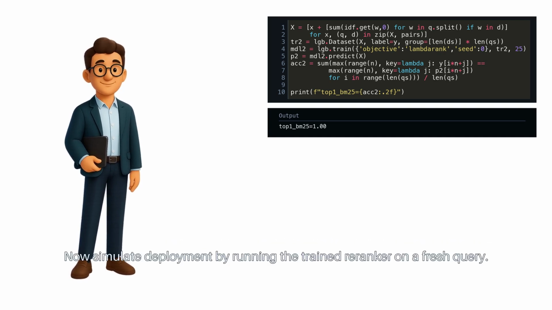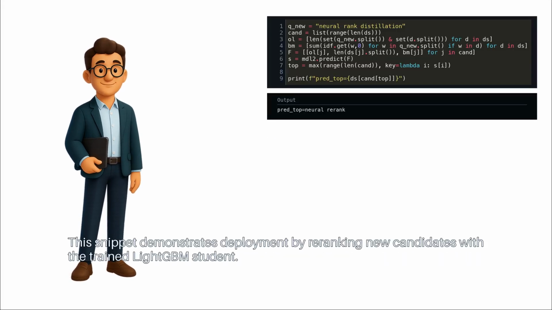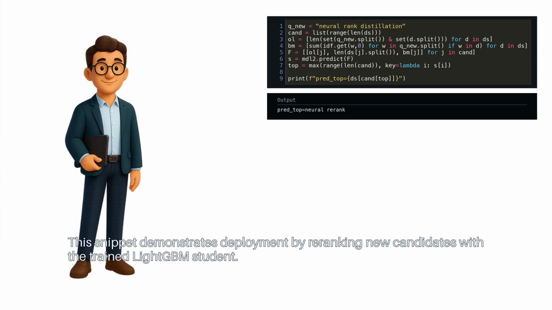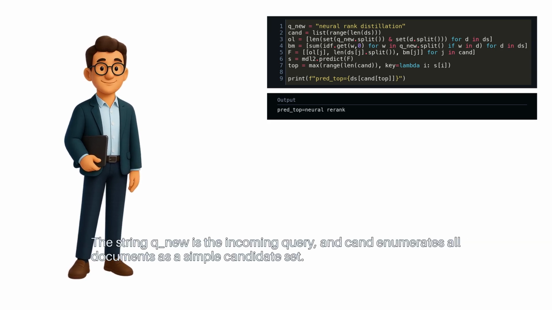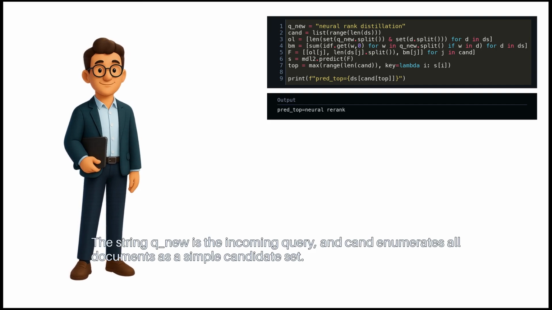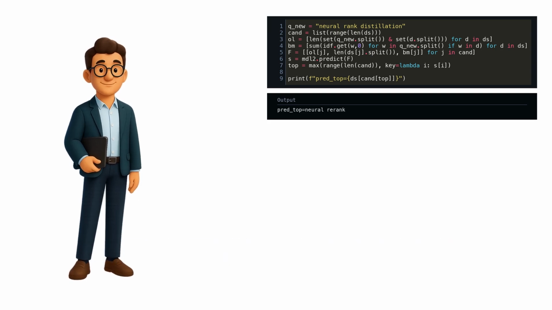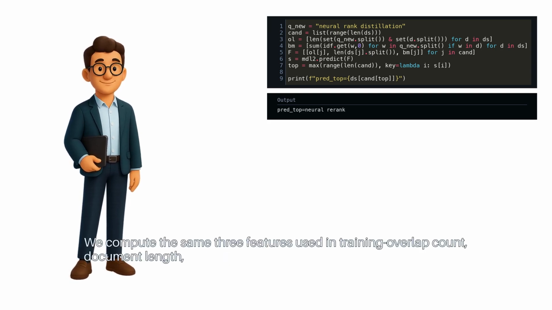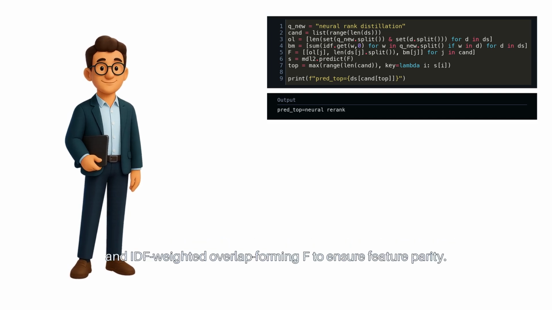Now simulate deployment by running the trained reranker on a fresh query. This snippet demonstrates deployment by re-ranking new candidates with the trained LightGBM student. The string QNew is the incoming query, and cand enumerates all documents as a simple candidate set. We compute the same 3 features used in training: overlap count, document length, and IDF-weighted overlap, forming F to ensure feature parity.